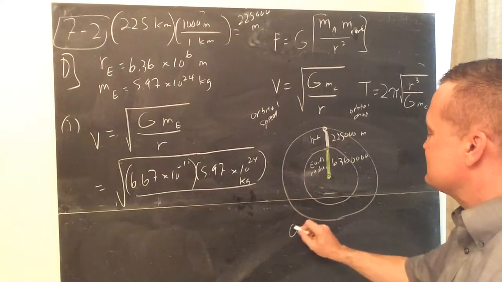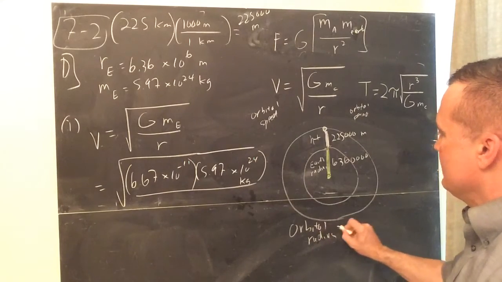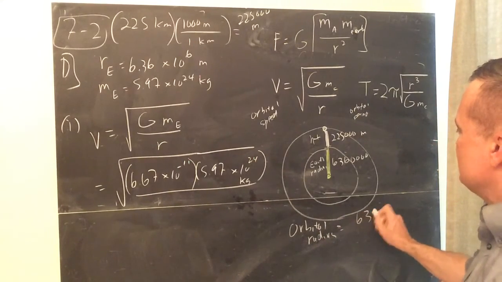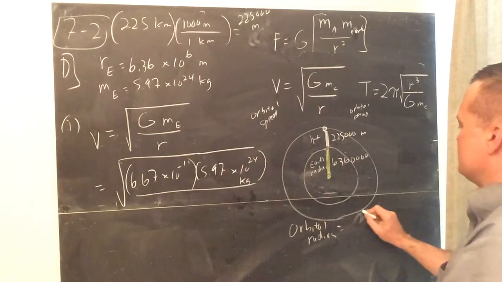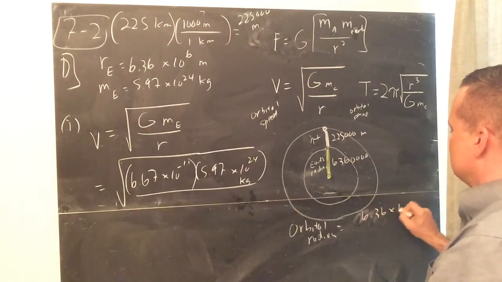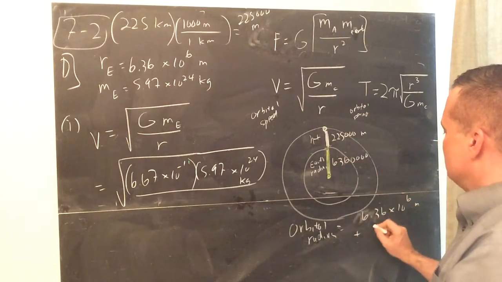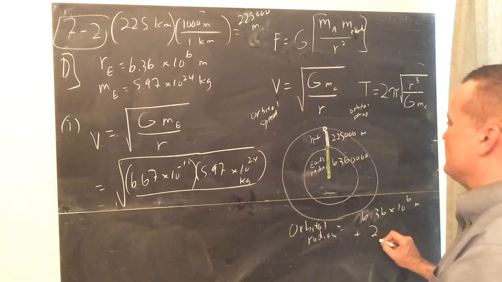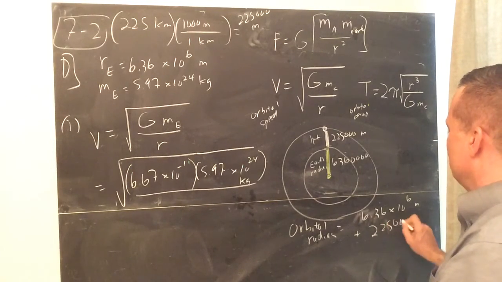So the orbital radius equals, if you want to keep it the way it was written there, 6.36 times 10 to the 6 meters, that was the Earth radius, plus 2.25 times 10 to the 5th, or 225,000, it doesn't matter, you can mix them together.